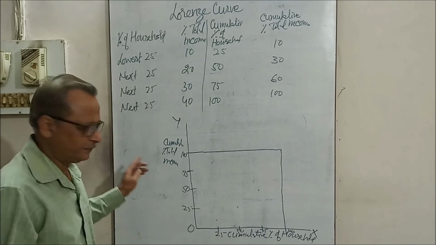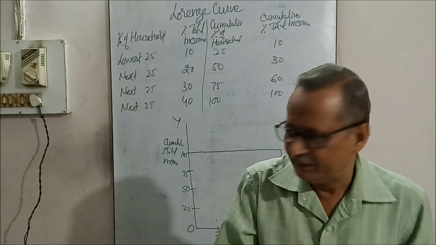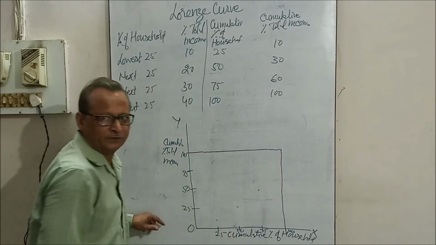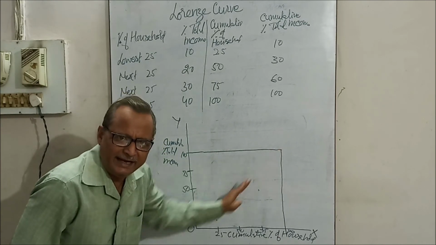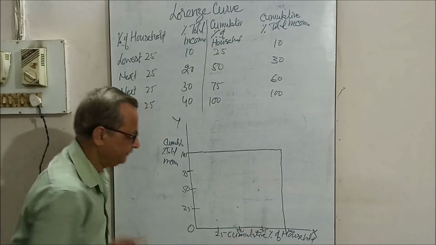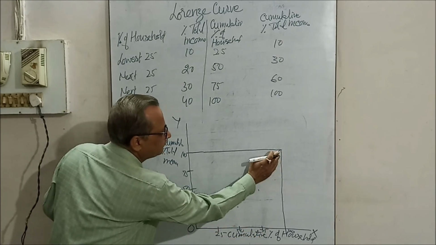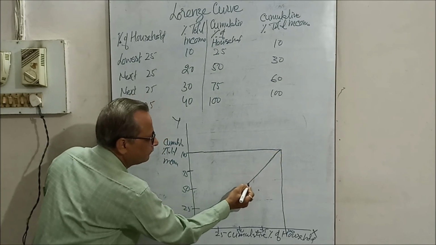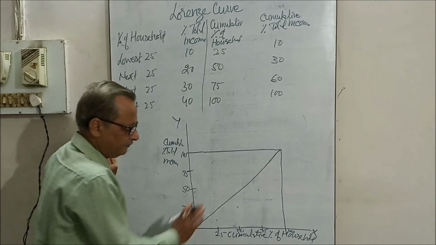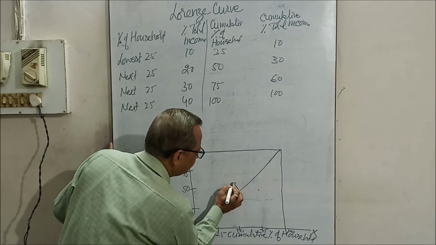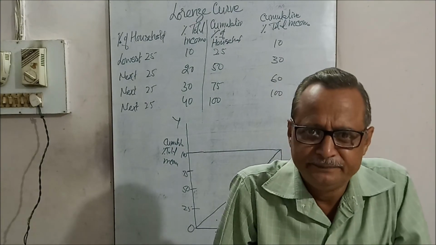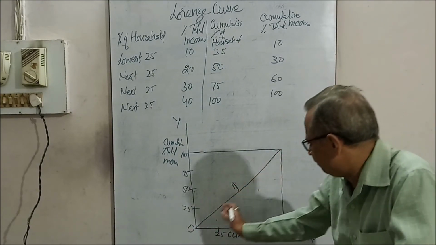First of all, what to do? From this point to the end point, you draw a straight line at 45 degrees. This is called the line of equality of income, which divides the graph into two parts.